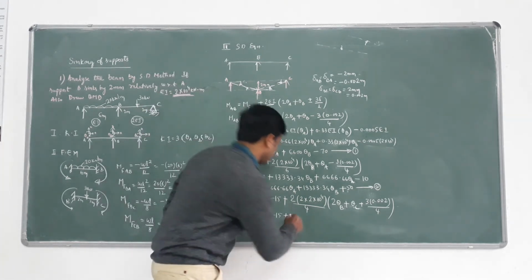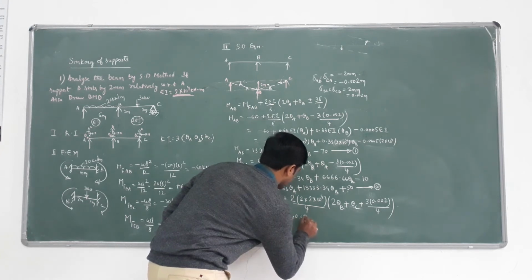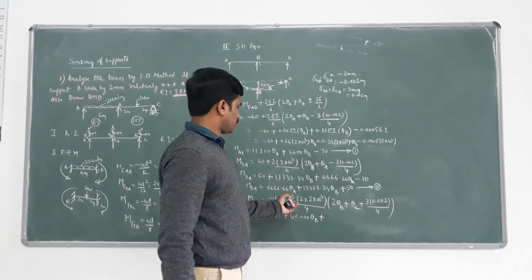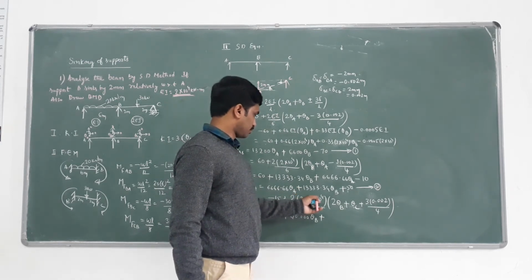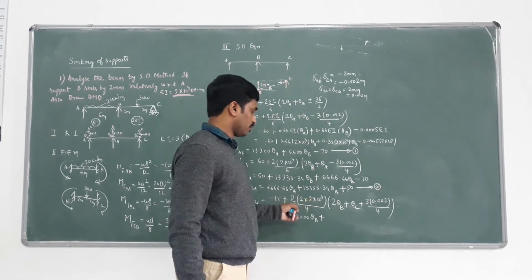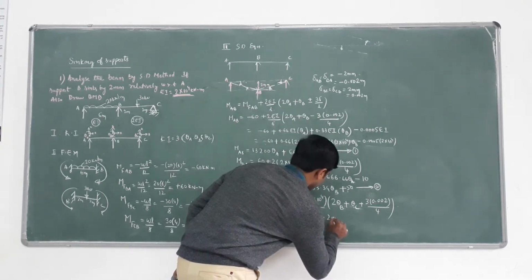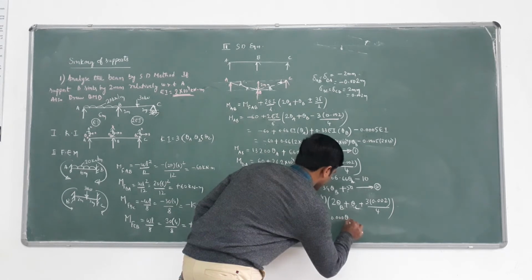That gives 40,000 theta b, plus 2 into 2 into 2 into 2, which is 8 by 4, into 2 into 10 power 4, which means 20,000 theta c.